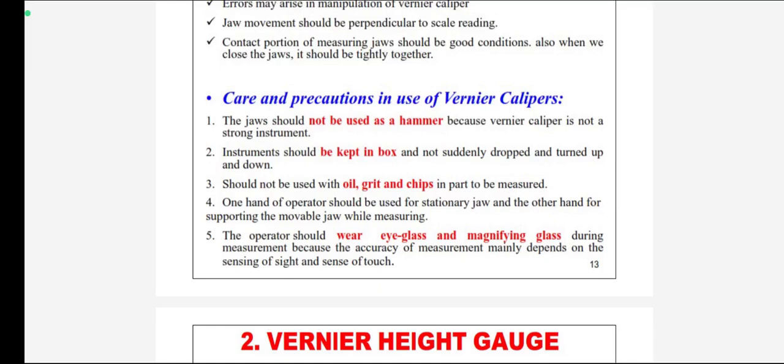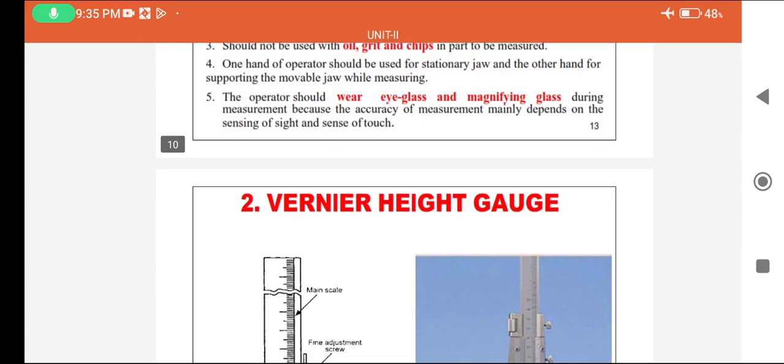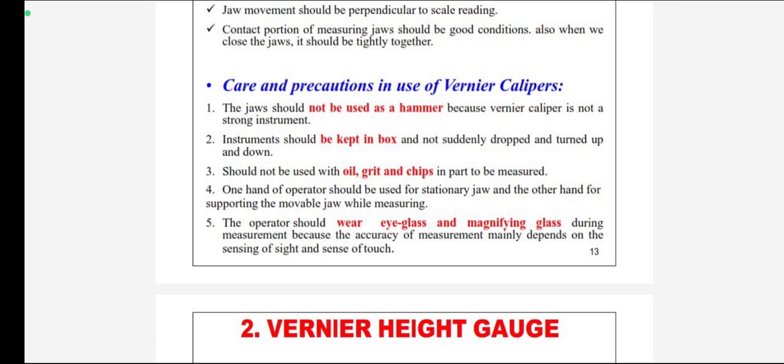One hand of the operator should hold the stationary jaw and the other hand support the movable jaw while measuring. The operator should wear eyeglasses and use a magnifying glass during measurement, because the accuracy of measurement mainly depends on sight and touch. These are the care and precautions for the vernier caliper.